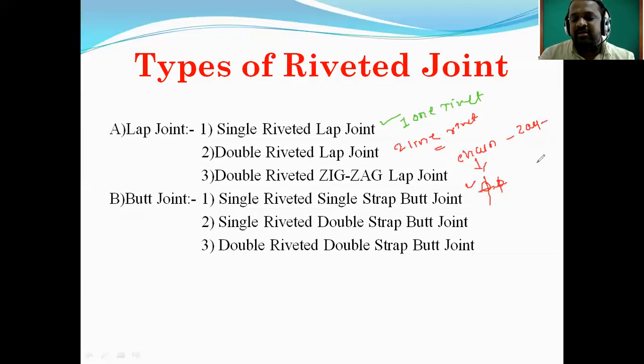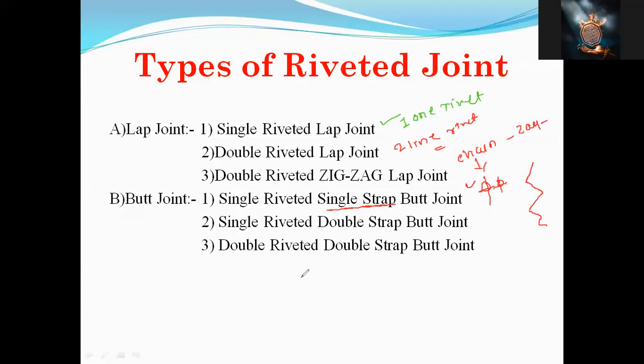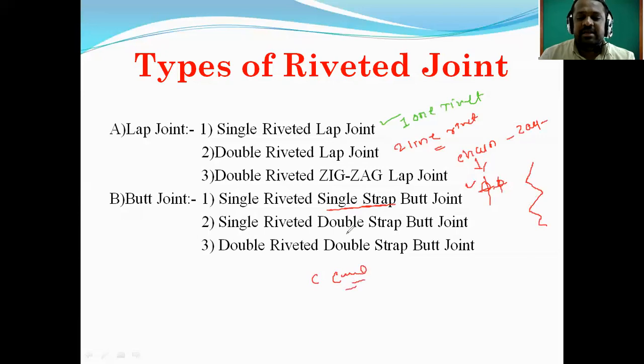When the rivets are not front to front and are in a zigzag manner, we call it the zigzag type. When can we call it single strap? When only a single cover plate is used, we call it single strap. And when we use two cover plates, we call it double strap.